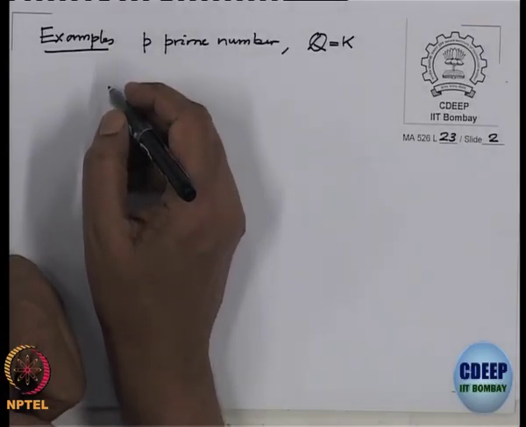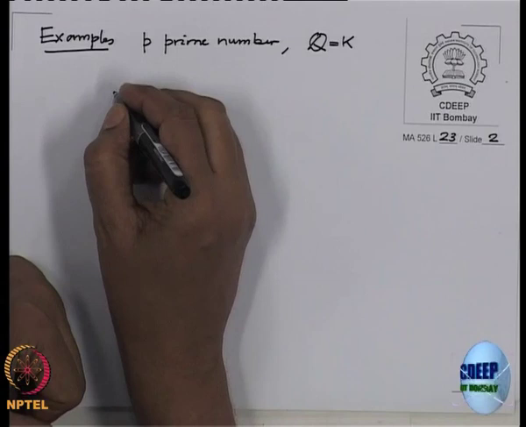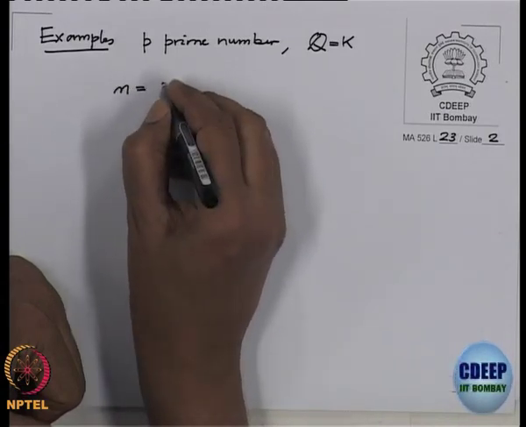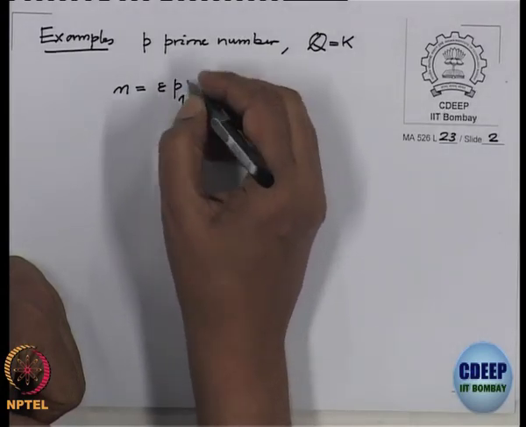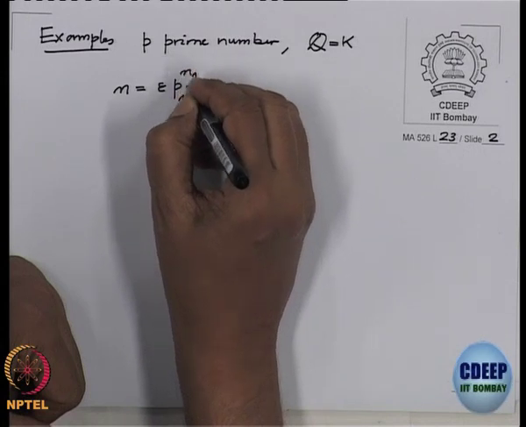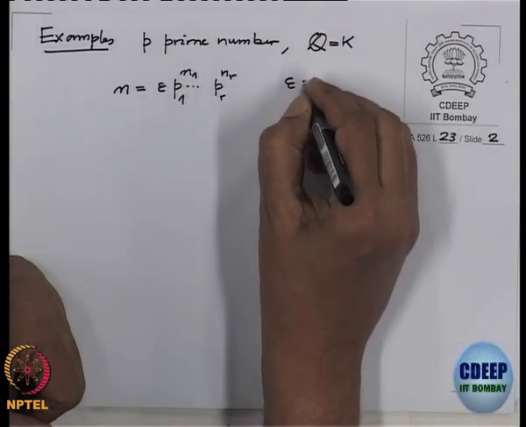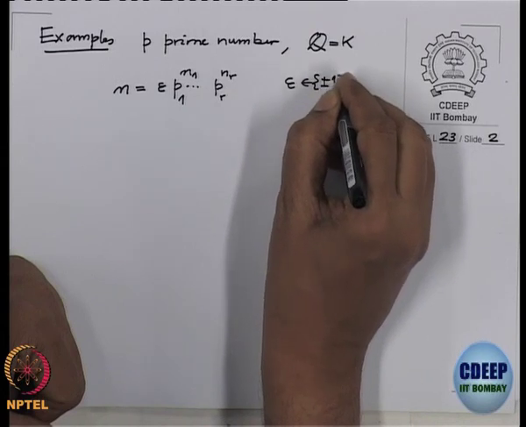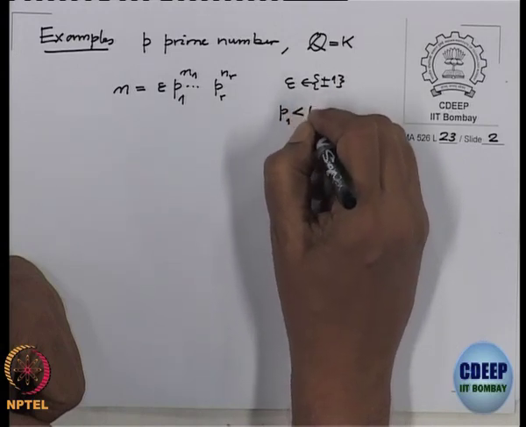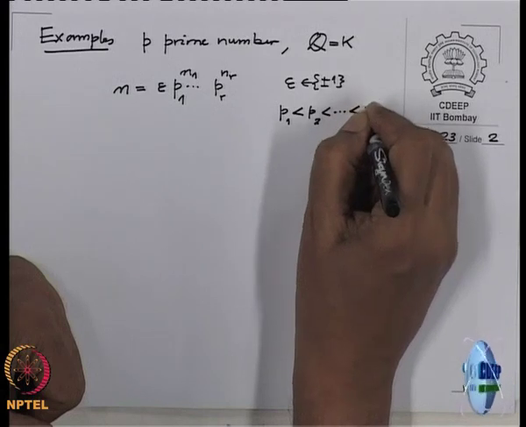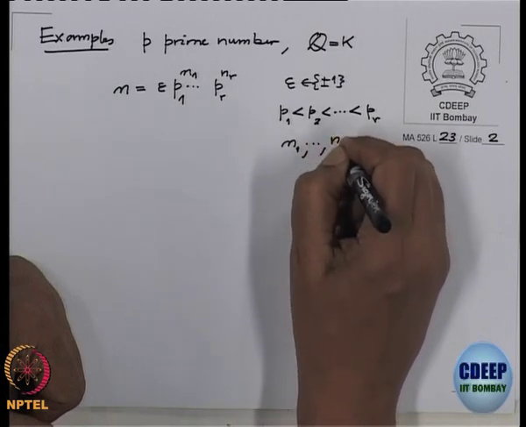By the fundamental theorem of arithmetic, every integer n we can write as a sign, that is plus minus 1, and a product of prime numbers, P1 power N1 and so on up to PR power NR. For uniqueness, this epsilon is plus minus 1, and P1 to PR you arrange in this way: P1 less than P2 less than PR, and these N1 to NR are positive integers.